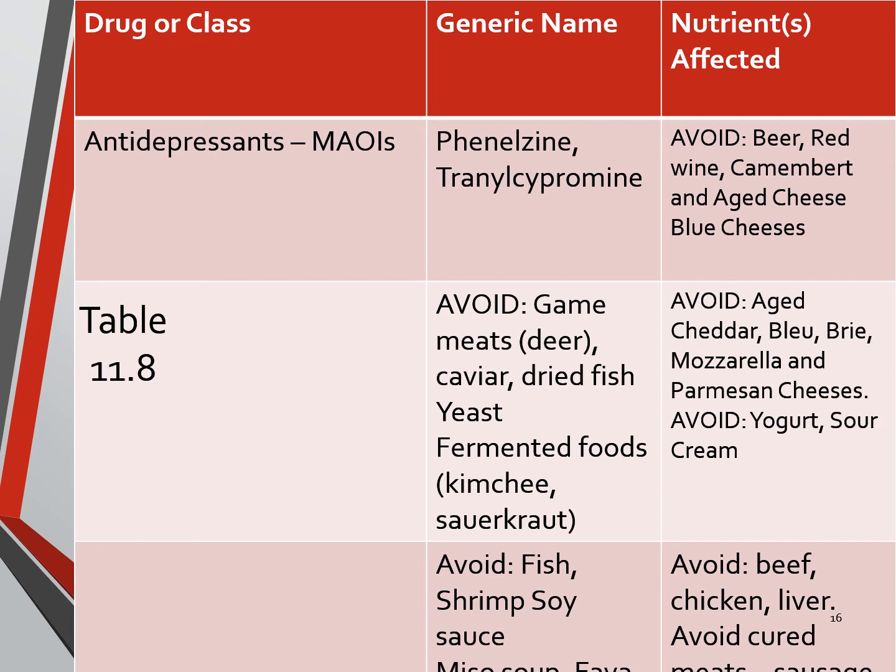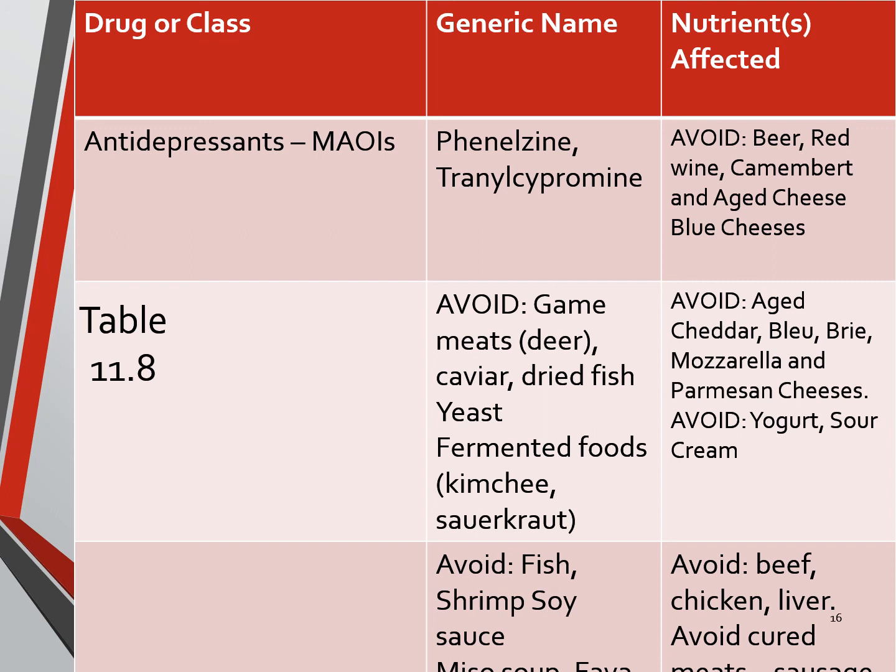Those are called phenelzine, and the one that was actually on the ATI, which is very hard to pronounce, and typically docs don't prescribe it, tranylcypromine. It's important to avoid any type of foods that contain tyramine. So there's a very long list, and that again comes from table 11.8 in your textbook.